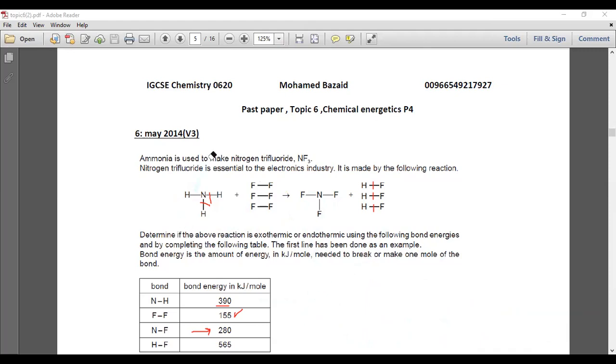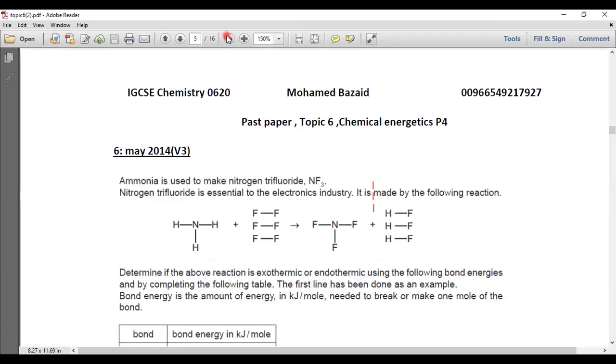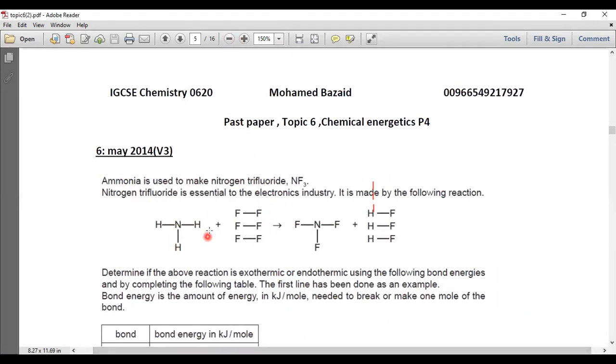Here, in this example, what you can see here. So now everyone can find whether the reaction is exo or endo. In this example, reactants combined together to produce a product.